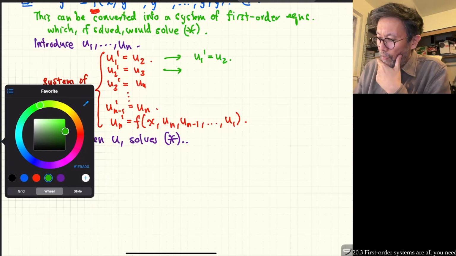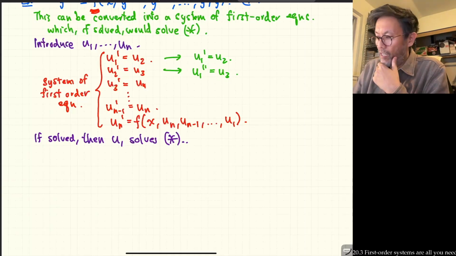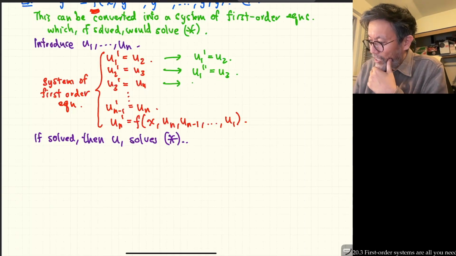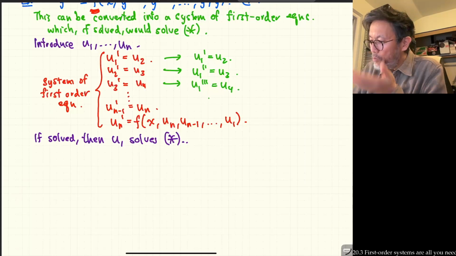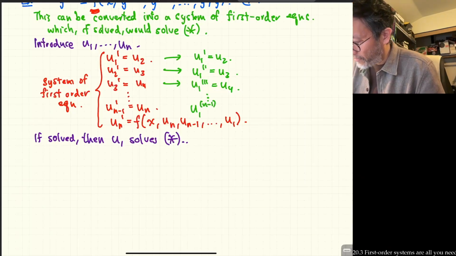So u1 double prime is u3, and similarly u1 triple prime is u4. And you get it all the way up to the n minus first derivative of u1.